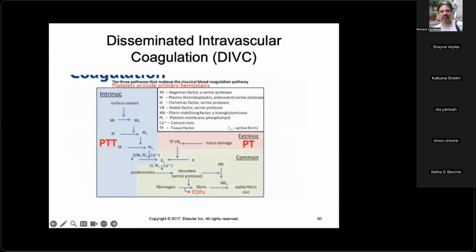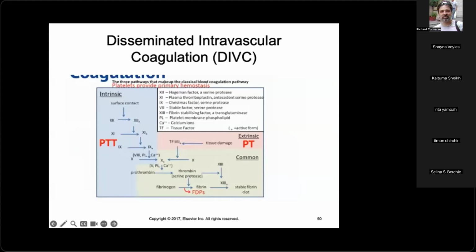The common pathway is very important, and both the intrinsic and extrinsic feed into it. In the common pathway, prothrombin is converted to thrombin by activated factor 10A. Thrombin is an enzyme, a protease, that cleaves fibrinogen, in inactive form, to fibrin.